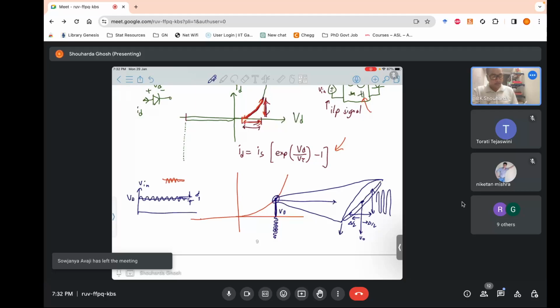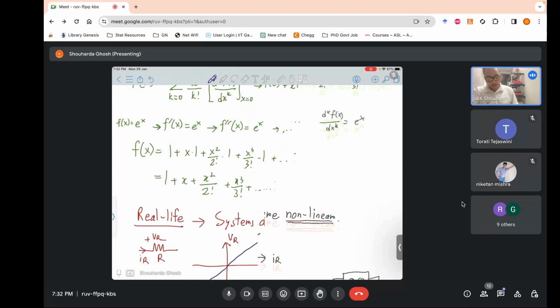It looks linear, isn't it? And now you see what I am doing. I am doing a Taylor series expansion around which point? Around V equal to V0. ID is a function of VD, and we are doing a Taylor series expansion around VD equal to V0. Taylor series.